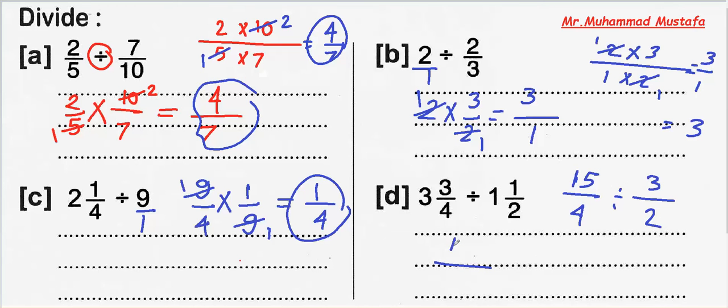Write 15 over 4 times, divide by 3 over 2, write it as 2 over 3, then simplify. 3 divided by 3, 1, 15 divided by 3, 5, 2 divided by 2, 1, 4 divided by 2 equals 2. Yes, 5 times 1 equals 5, 2 times 1 equals 2, then the answer in the simplest form, 5 over 2.